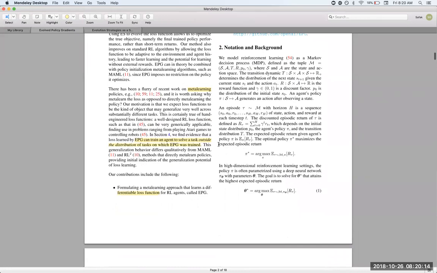So the reinforcement learning primer is in this section, the background. The reinforcement learning model is usually thought of as a Markov decision process, which is made of these parameters.